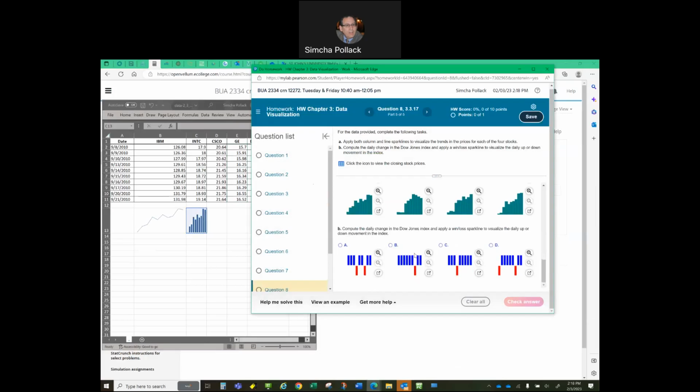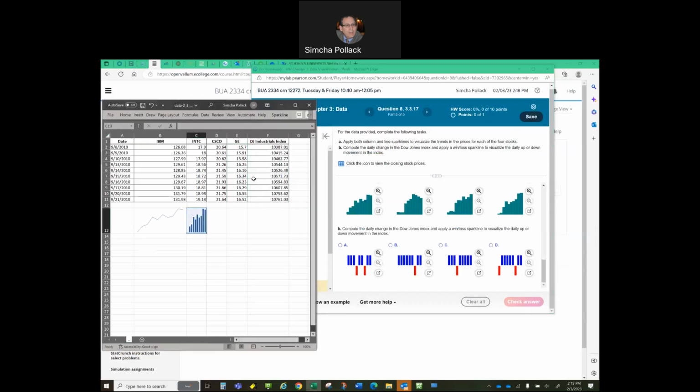Oh boy, we're lucky. Now for part B, they want us to figure out the win-loss sparkline to visualize daily up or down movement. Now, daily change. Okay, so let's try that. To get the daily change, there are two ways we can calculate it. One is an actual difference.